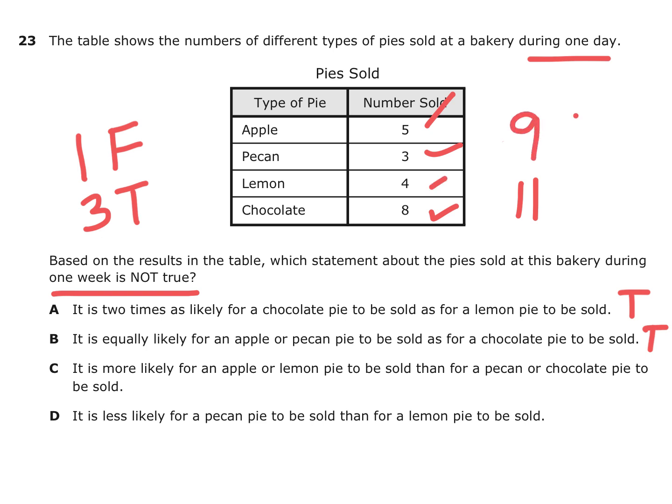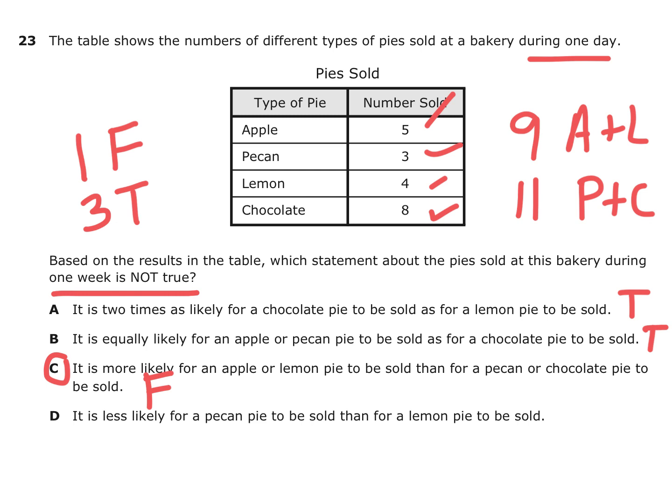So this is the apple and lemon, and 11 was for the pecan and chocolate. And so that doesn't sound right to me. It is more likely for an apple or lemon to be sold than a pecan or chocolate. Pecan and chocolate, you're selling 11, and apple and lemon, you're only selling 9. That looks like a false statement, so it looks to me like it could be C.